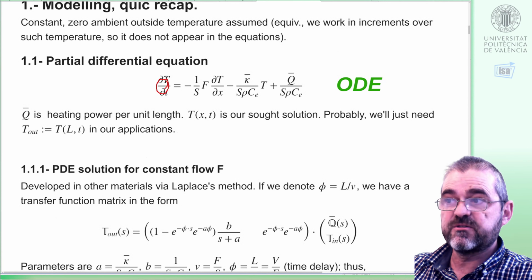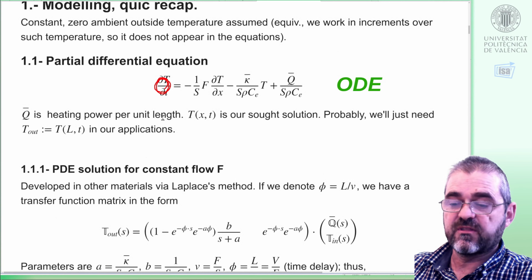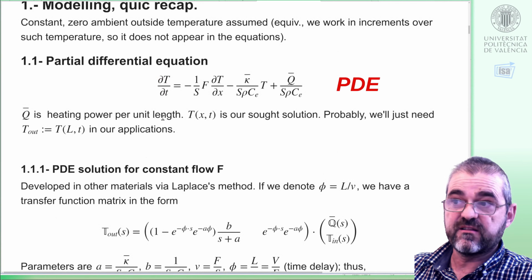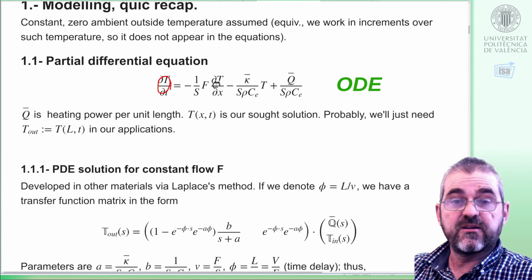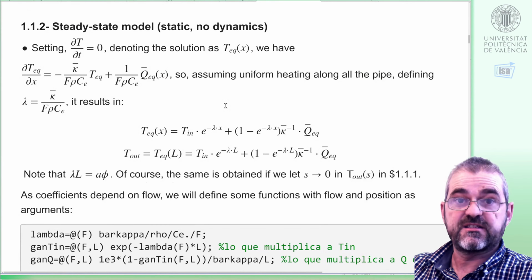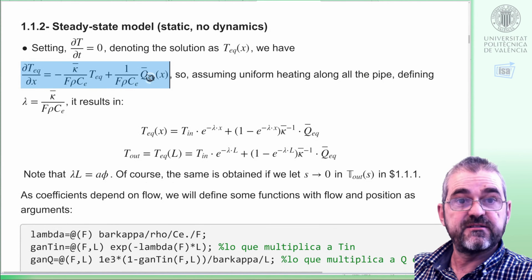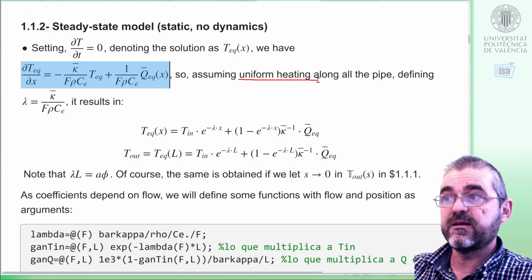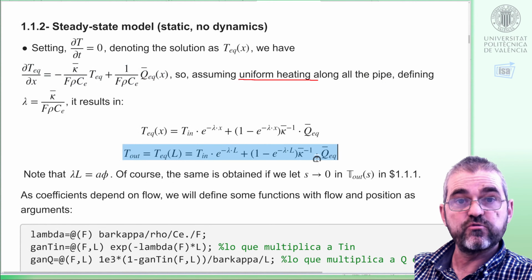If we set this to 0, then we get what's called the steady state ordinary differential equation, because then only derivatives with respect to x remain. The steady state model can be written as this, and for uniform heating along the pipe, it can be shown to have this solution.